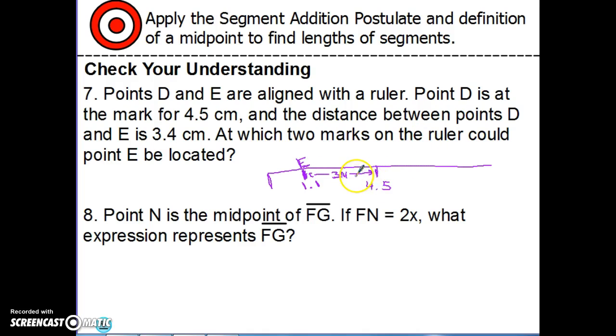But who said I had to go lower? Maybe I went higher. Maybe the distance from here to point E is the 3.4. In which case I would add that to make point E. So you would do 4.5 plus 3.4, and that would be 7.9. So these are my two answers, 1.1 and 7.9.